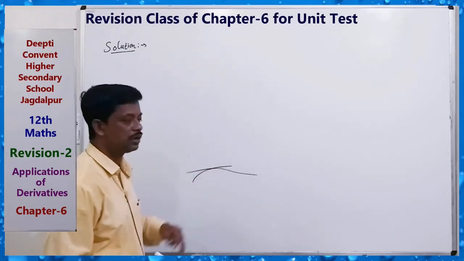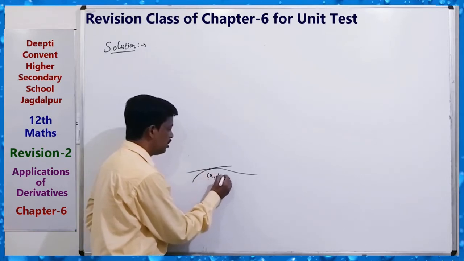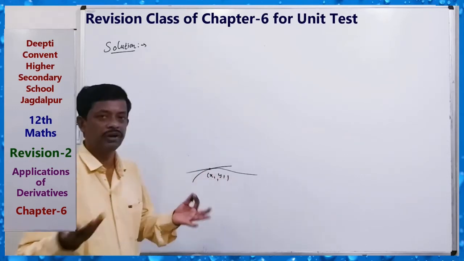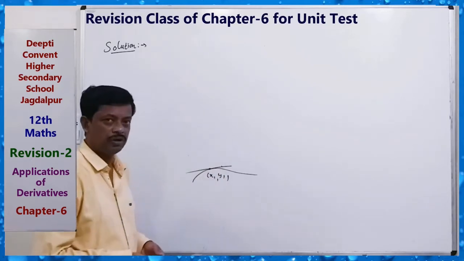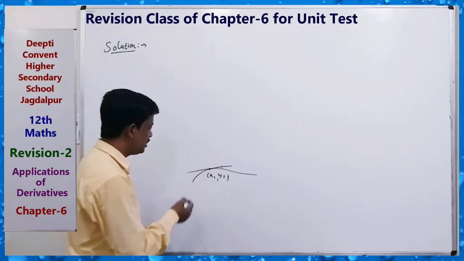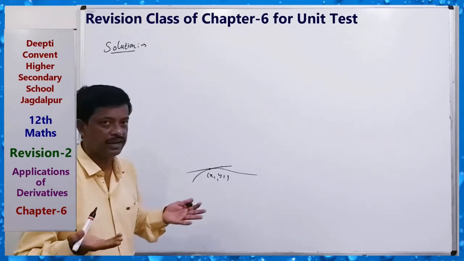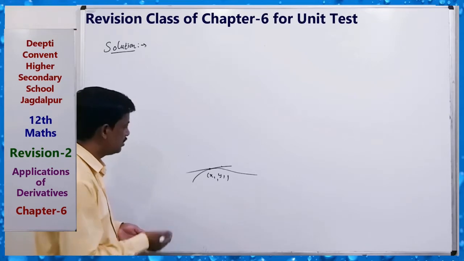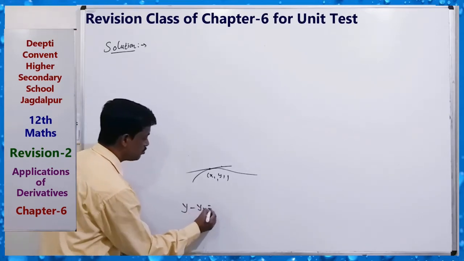Tangent touches this curve at this point. This is the point of contact, x1, y1, and this is the tangent. Tangent means its slope can be found. Tangent means a line, the equation of a line. How can you find the equation of a line? Just one formula is there: y minus y1 equals to what?